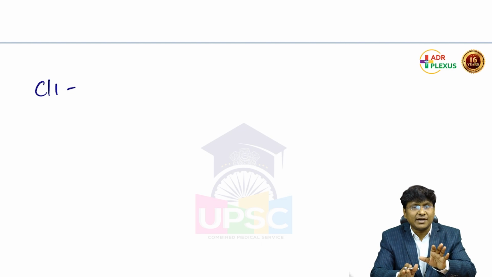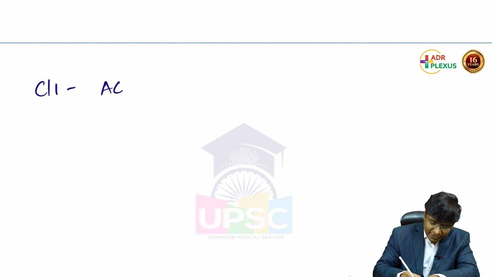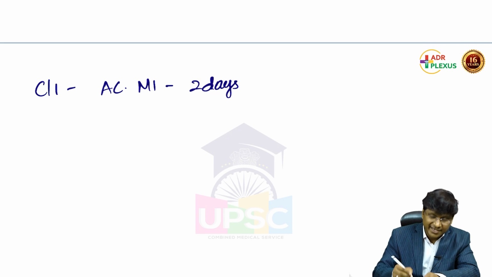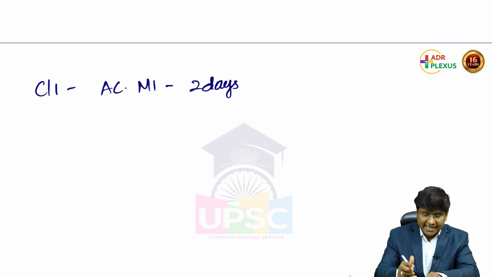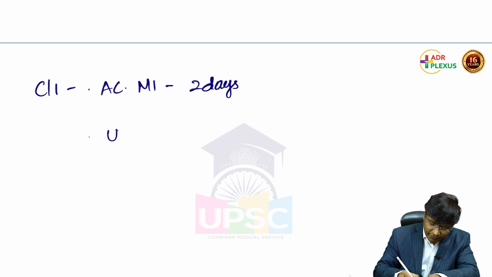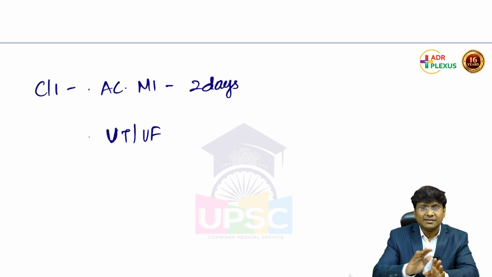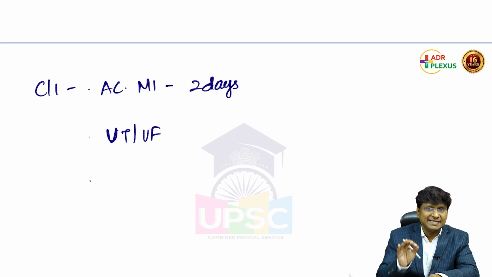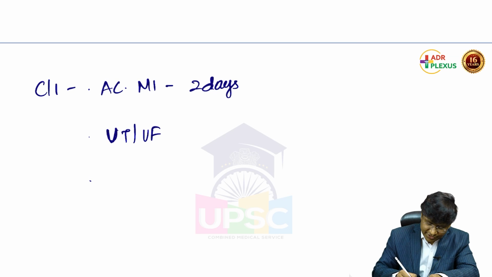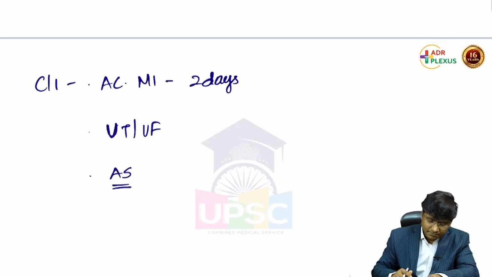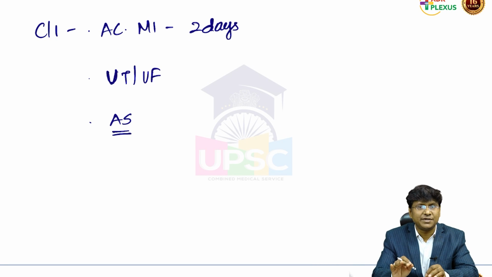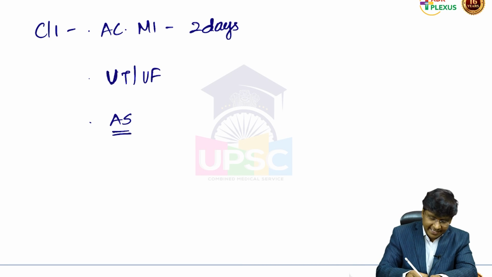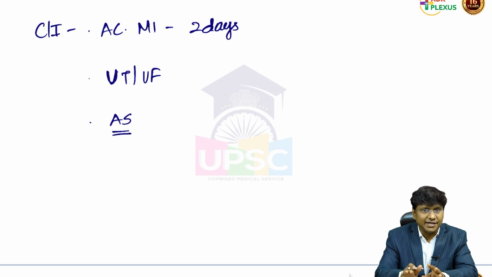The absolute contraindications will be: the individual had an acute myocardial infarction in the past 2 days, right? Treadmill test should not be done. If the patient is having uncontrolled cardiac arrhythmias, that is VT or VF, the treadmill test is contraindicated. Symptomatic severe aortic stenosis is also an absolute contraindication. Next is aortic dissection, also an absolute contraindication.